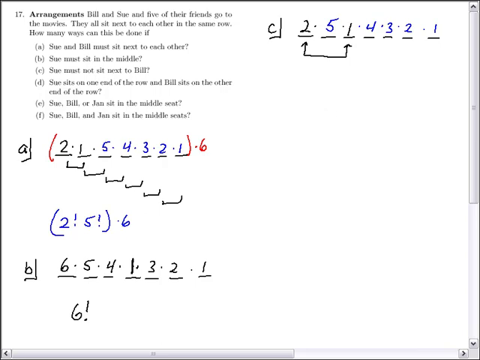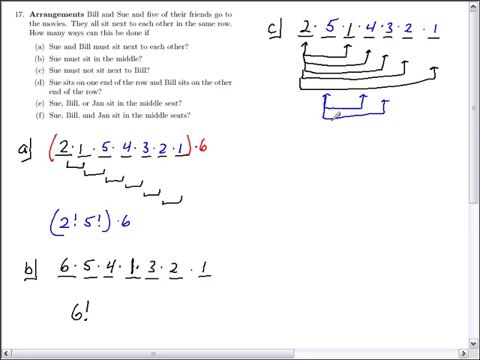Now just like in problem 16 part C, I need to draw the spots where Bill and Sue are being seated. They can be in the first and the fourth, or the first and the fifth, first and sixth, or first and the seventh. So that's one in the first seat and all the way through. We could have also had one in the second seat, and we continue this pattern all the way through.